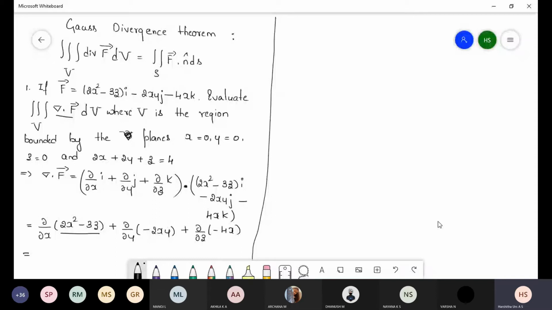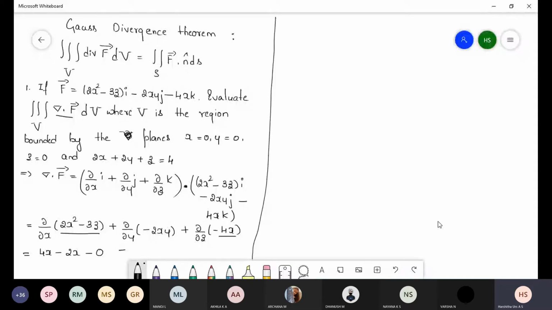Here also, partial differentiation of 2xy with respect to y means 2x, minus minus into plus. Here also again minus into plus minus. With respect to z, here we are not finding any z term, so write 0. 4x minus 2x is 2x.